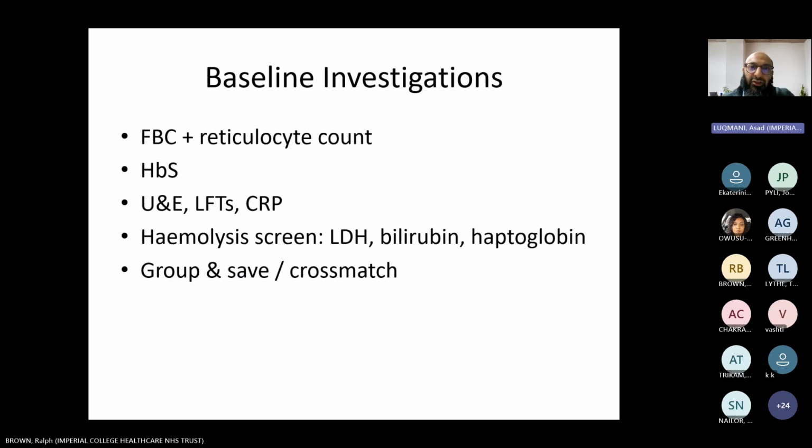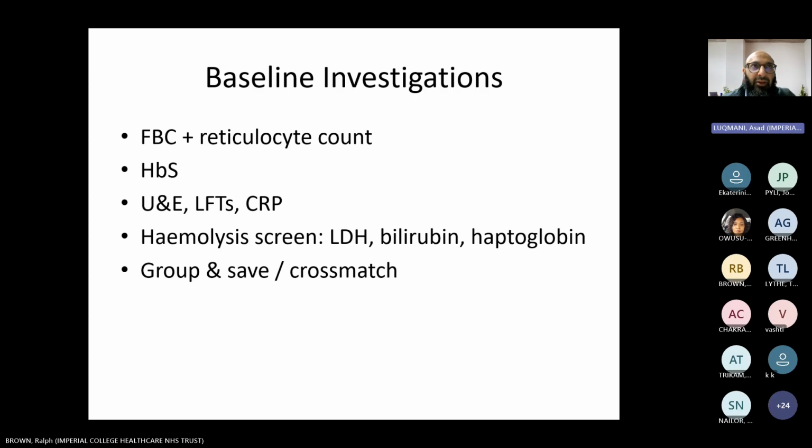These are the baseline investigations which we recommend should be carried out in patients when they present with acute sickle crisis. Most of them are fairly self-explanatory. FBC, reticulocyte count, which is often increased in most sickle cell crises apart from aplastic crisis.